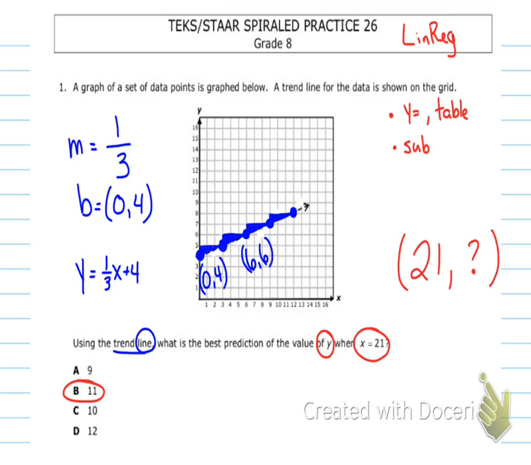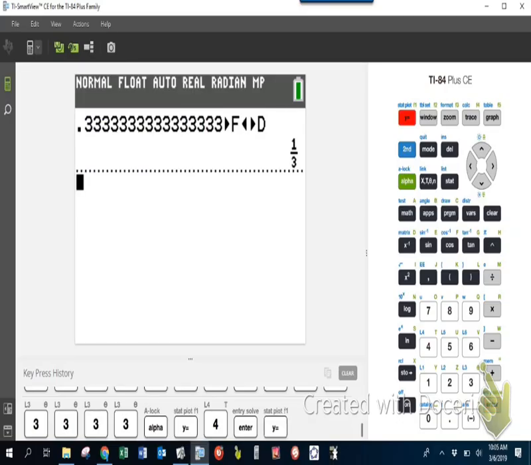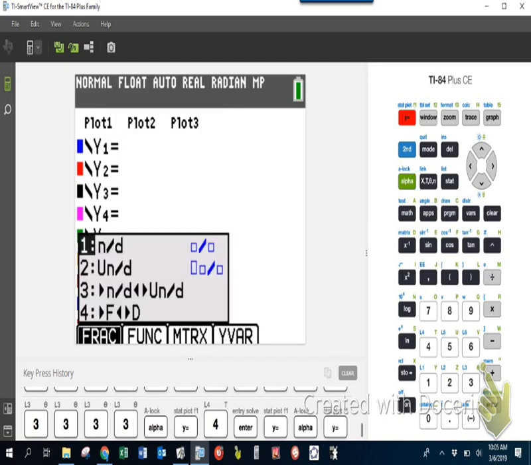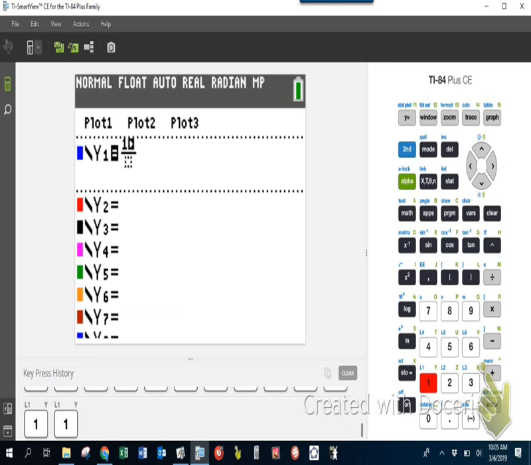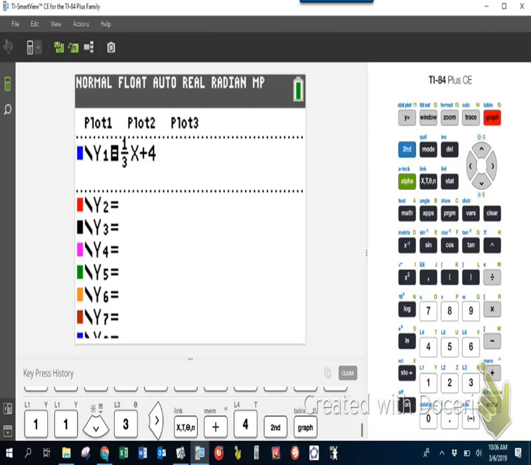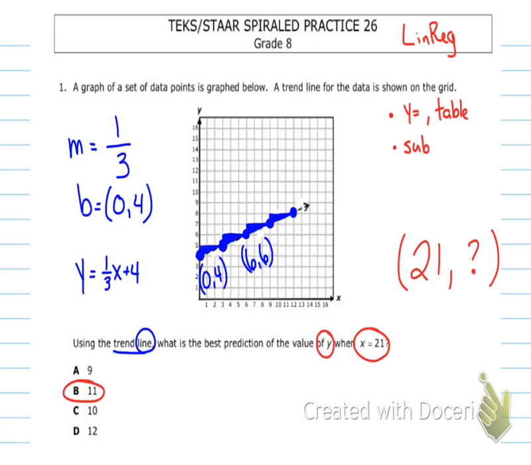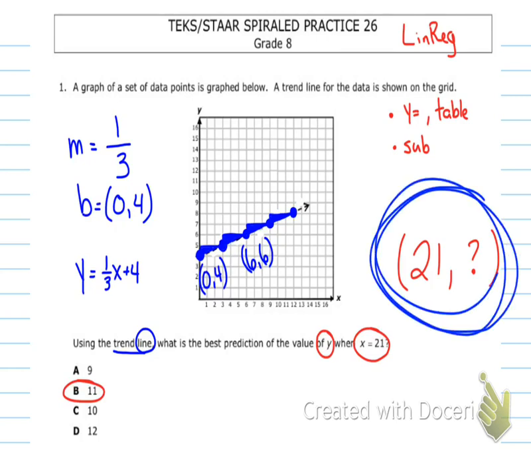So here's the y equals table method. Go to your y equals, and you're going to type in the same equation. So we're getting 1/3 x and then plus 4. Now that I've done the y equals part, I want to go to your table, so 2nd, Table. And remember that we're looking for when x is 21, what is y?